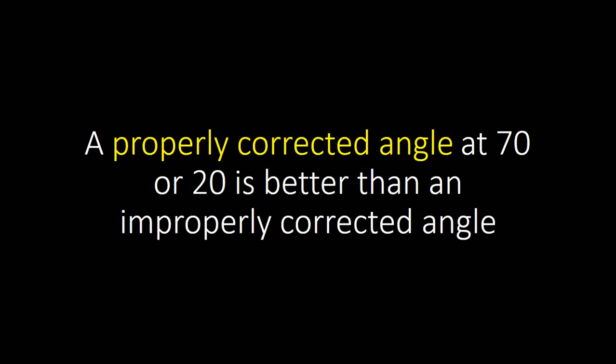And the key thing to remember, a properly corrected angle at 70 or at 20 is better than any improperly corrected angle. So if you can perfectly angle correct at 70 degrees, you're still going to get an accurate measurement. It's just small errors have a big impact. And at 20 degrees, small errors won't necessarily have a big impact, but it can sometimes be hard to get a nice clean signal when you are at such an acute angle.